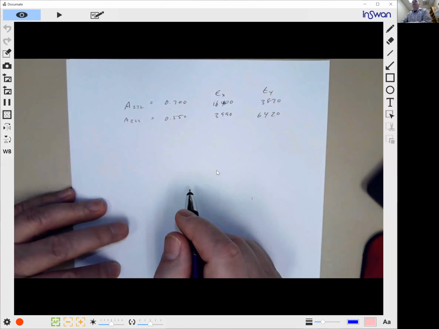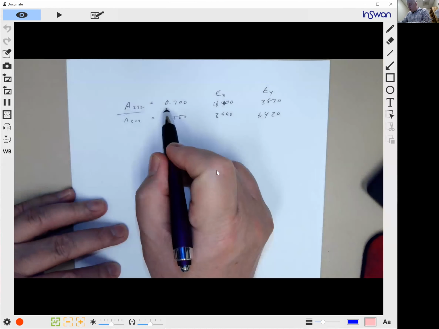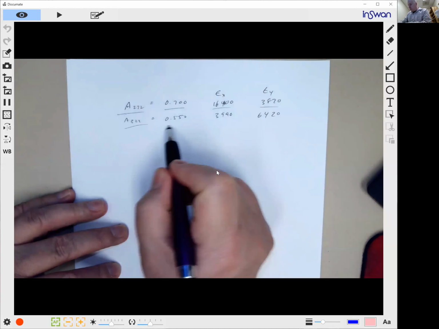This is the data that we have. At 272, we have an absorbance of 0.7 and two extinctions. At 327, an absorbance and two extinctions, right?